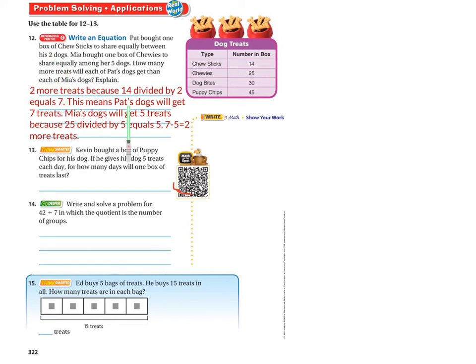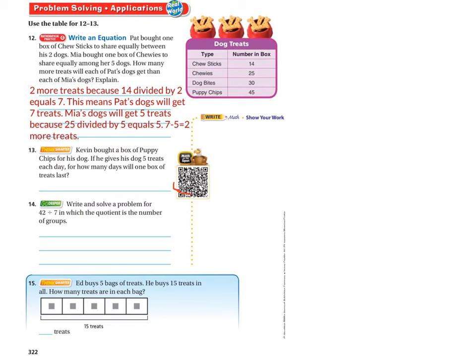So that's where we got this 14 divided by 2 equals 7. If you needed to draw that out, draw the 2 dogs, 2 groups, and then partition the 14 chew sticks to those 2 dogs to figure out it equals 7, that is absolutely okay.